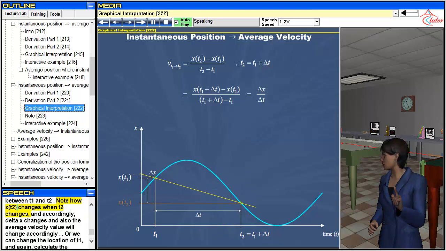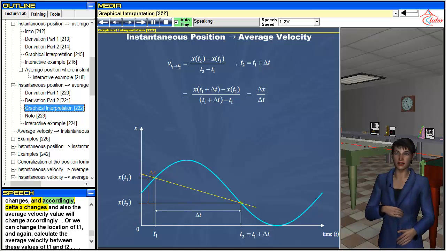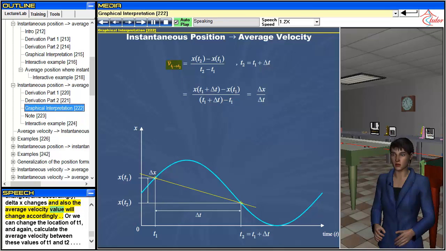Note how x of t2 changes when t2 changes, and accordingly, delta x changes, and also the average velocity value will change accordingly. Or we can change the location of t1, and again, calculate the average velocity between these values of t1 and t2.